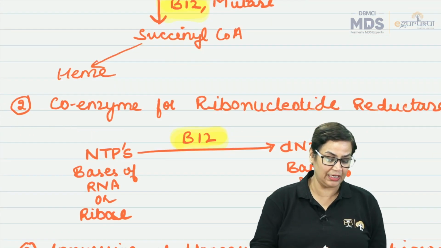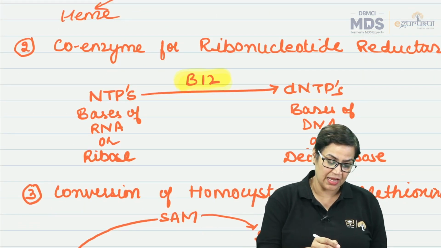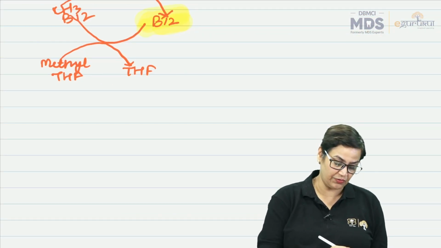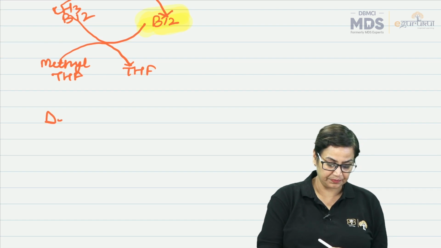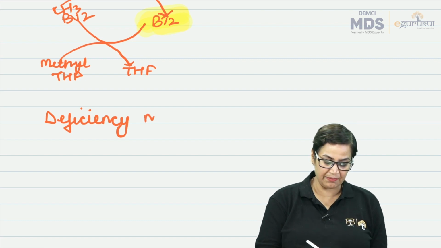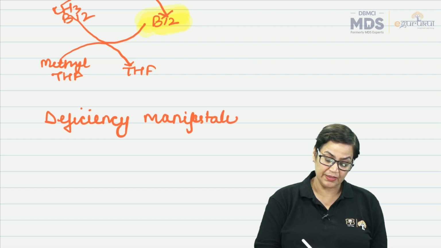Now coming over to, ये तो हो गए इसके biochemical functions. Now what are the deficiency manifestations of this? Right? Now the most important deficiency manifestation is, we will take the first reaction first of all.